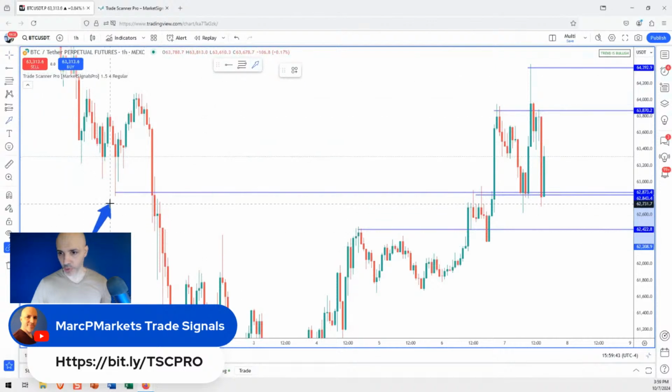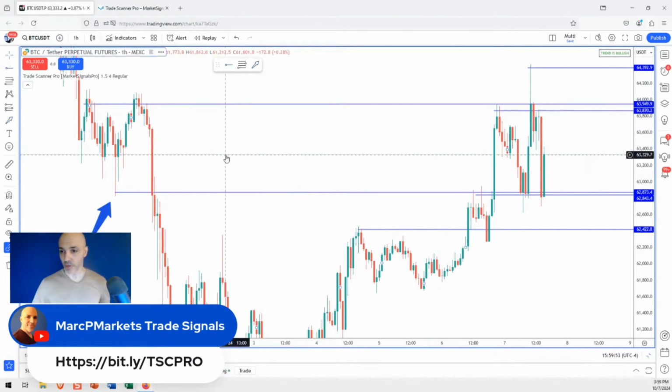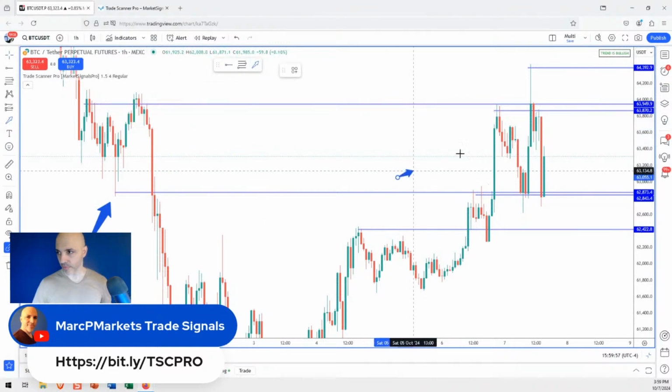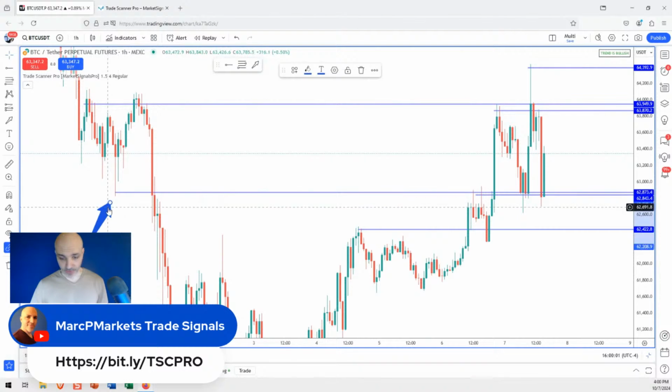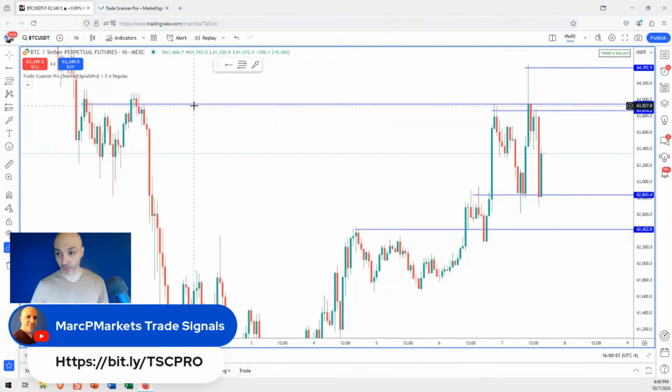Old support, support over here. What a surprise. Resistance over here. Does it line up? Pretty close, right? See that? Resistance. Resistance. Okay.